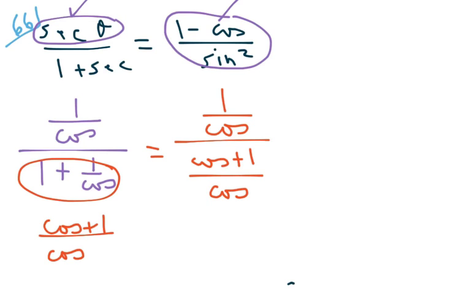Now what we're going to do is clean this up, and when I cancel out the cosines, I have 1 over cosine plus 1.